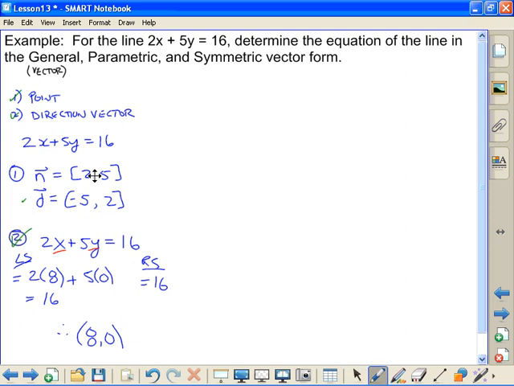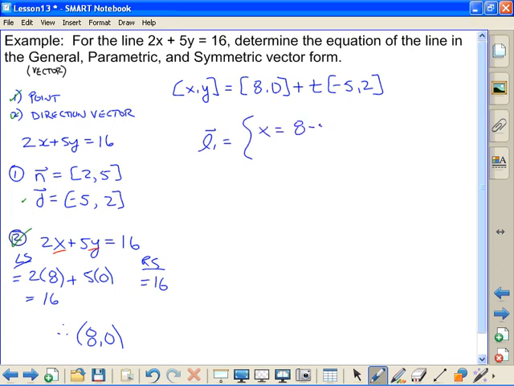So here we go. We run through the vector form: vector xy equals 8, 0 plus t times the direction vector, negative 5, 2. So there's the vector form. Parametric form of this line: x equals 8 minus 5t, y equals 2t.